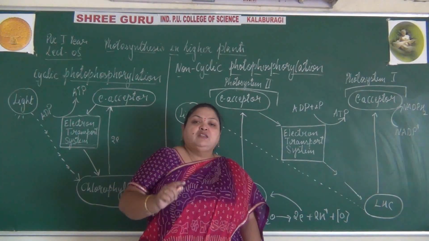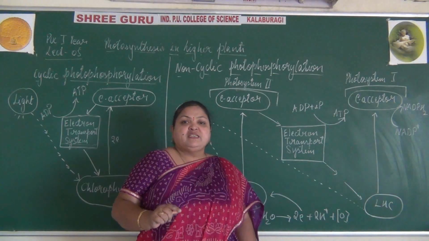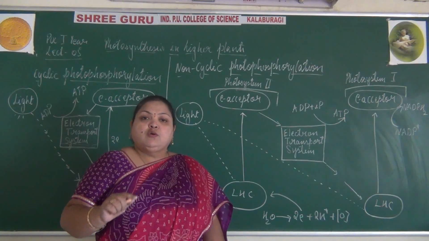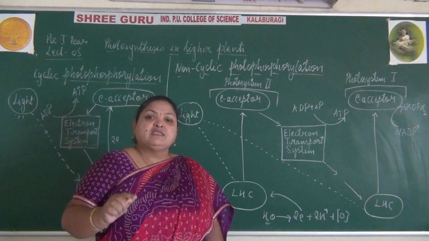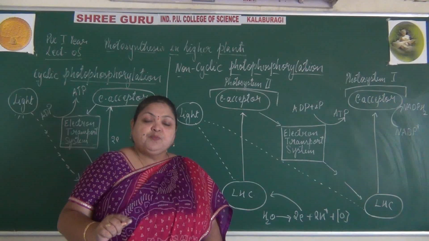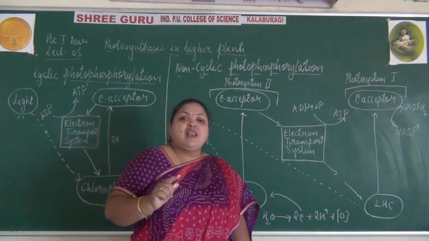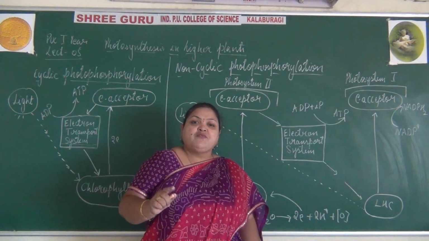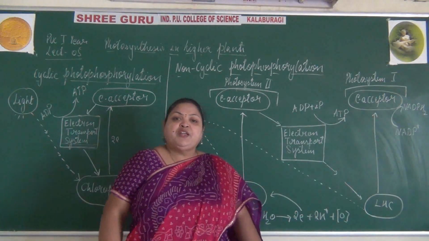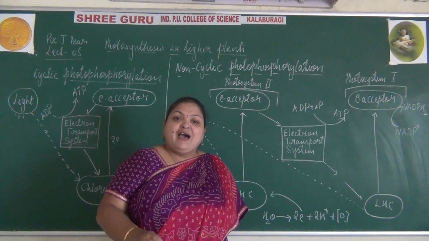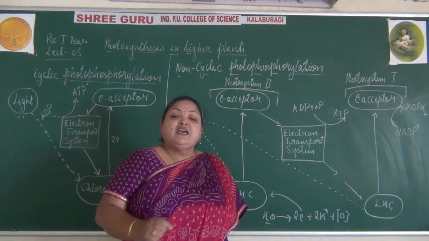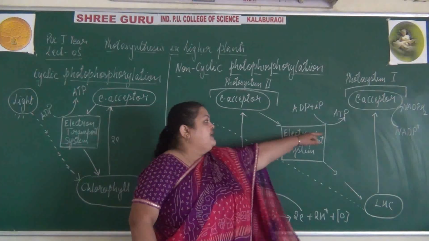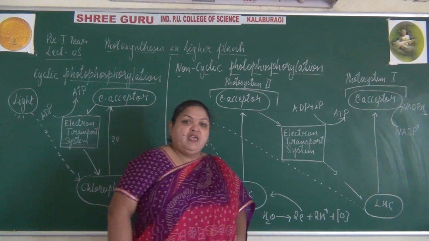So we know that the chlorophyll pigments are present in the thylakoid membrane of the grana. Along with this, it has the photosystems, that is the structural and functional unit. These structural and functional units are the protein complexes which result in the synthesis of the two main products, that is ATP and NADPH2.